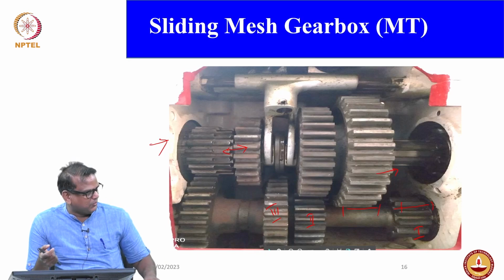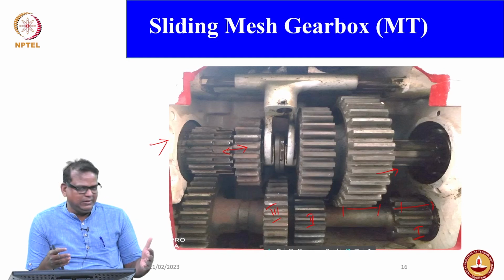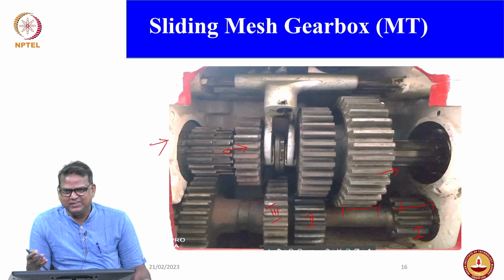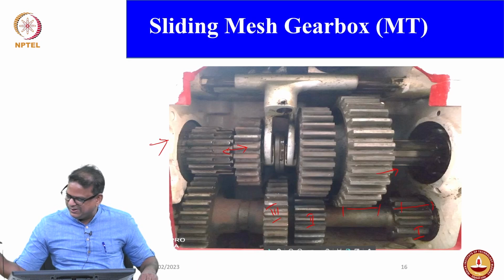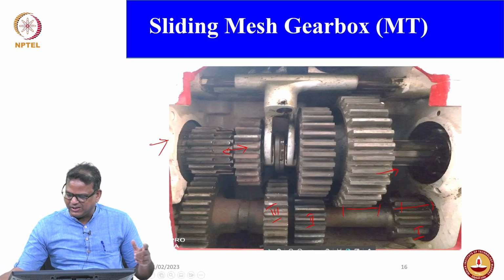That is also possible. So, design has multiple solutions. It's not a single solution. It depends on what the requirement is. Based on your requirement, you can use different solutions.